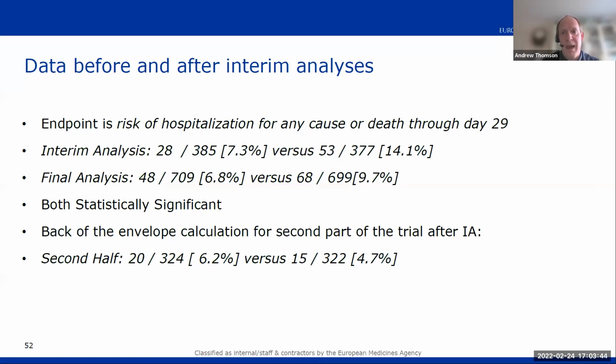And a back of the envelope calculation just for the second part of the trial, so the data generated after the interim analysis, there's one treatment, one drug, nothing should have changed apart from time, there's no adaptations. You see 6.2 on molnupiravir and only 4.7 on the control arm. So clearly something is going on in these two different parts of the trial, and it seems, at first sight at least, that there are differences between the two different parts of the control arm before and after the interim analysis, even though nothing fundamentally changed in the trial. Next slide, please.